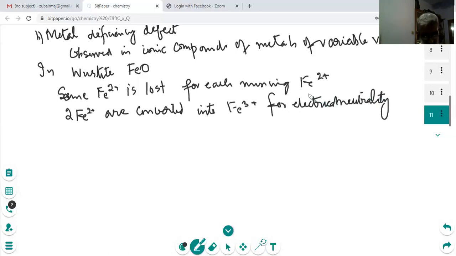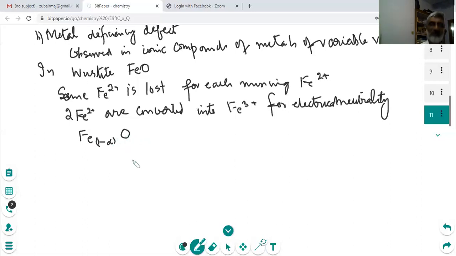So the crystal will be having the formula Fe(1-α)O. So this is Fe(1-α)O. It's a new formula of the compound.